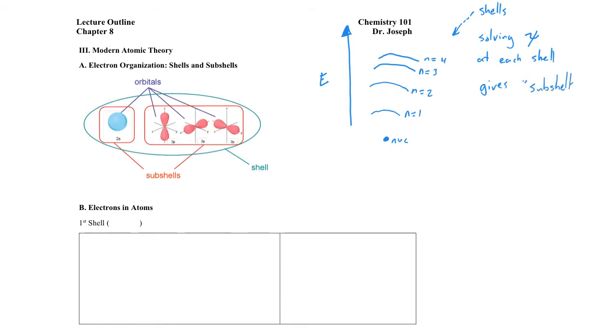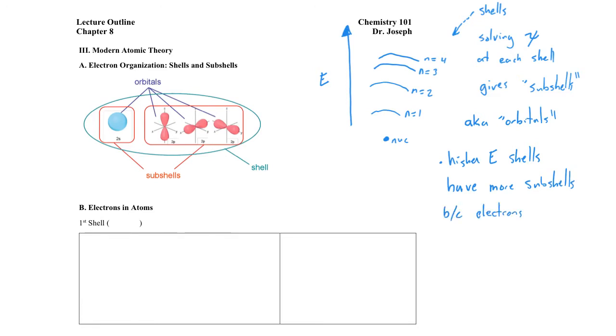These are energy shells, but when you solve the wave equation for each of these shells, you get what we call a subshell: different ways that the electron can exist depending on what energy level it has. The higher the energy level of the shell, the more possibilities the electron can have, because that electron has more energy in those higher energy shells. The lower energy shells have fewer subshells, and the higher energy shells have more subshells, okay?